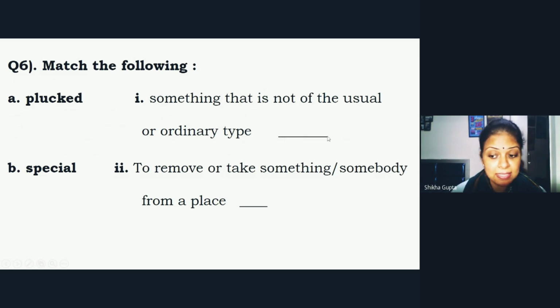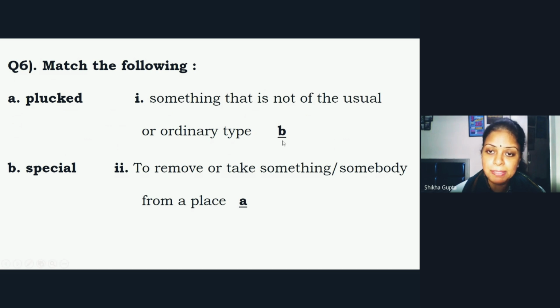Okay, now let us see the answers. Yes, plugged. The meaning of plugged is to remove or take something, somebody from a place. So you can write A here or you may write down plugged here. Similarly, special. The meaning of special is something that is not of the usual or ordinary type.